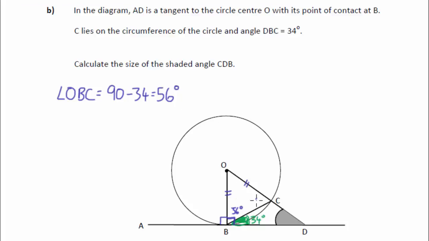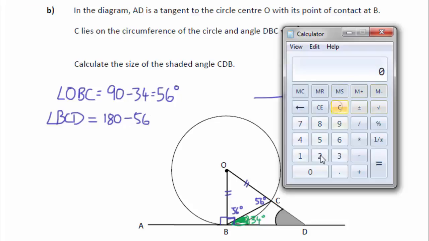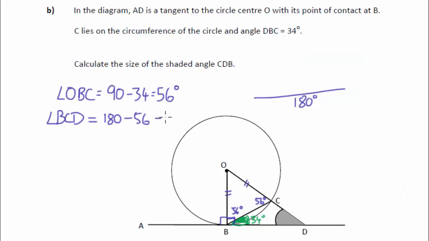So that's also going to be 56 degrees. And we also know a straight line is 180 degrees, so we've got 180 from here all the way to here. To calculate angle BCD, that's going to be 180 subtract 56, and that gives you 124.